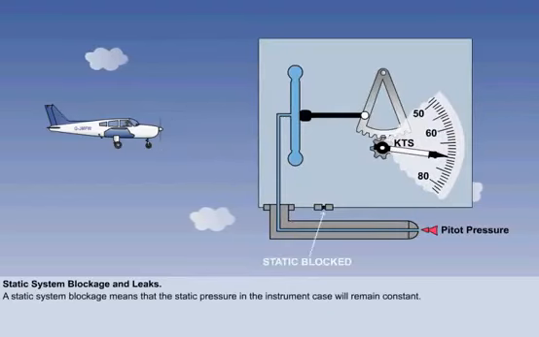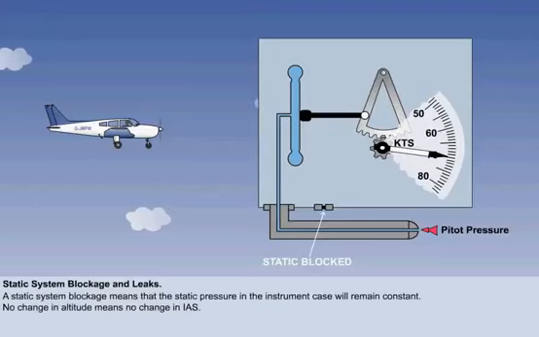Let us look at a blockage in the static system first. A static line blockage will mean that the static pressure in the instrument case will remain constant. As long as there is no change in altitude, the ASI will continue to read correctly. So we can say, no change in altitude, no change in indicated airspeed, or IAS.